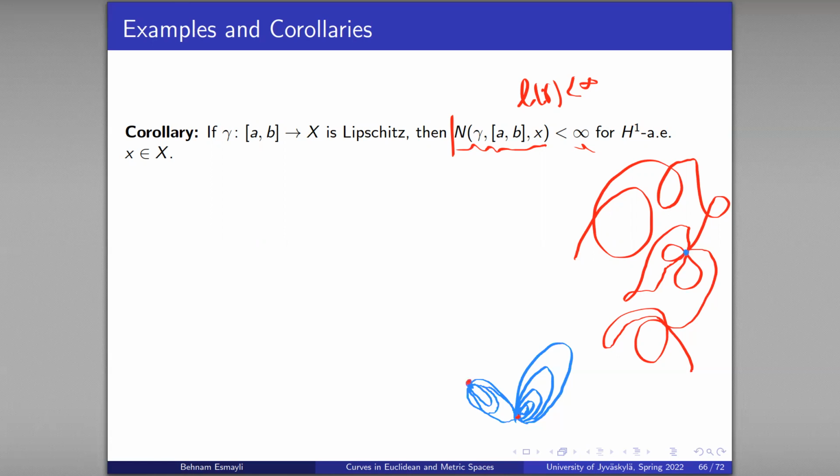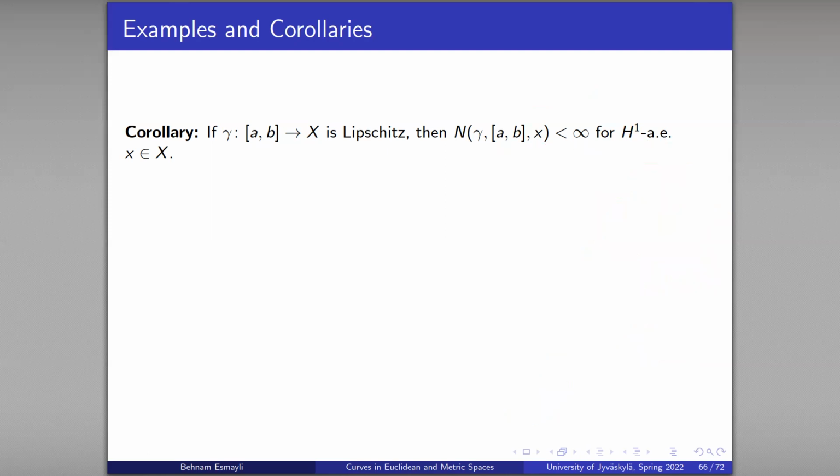The corollary says that this will happen only for a set of values that constitute only an H1 zero measure subset. Can you give an example of a curve where the points with infinite multiplicity are in fact of infinite cardinality? So H1 is 0, but the set is not finite, like a Cantor set. That's again a nice exercise. If you know one, please put it in the comments.